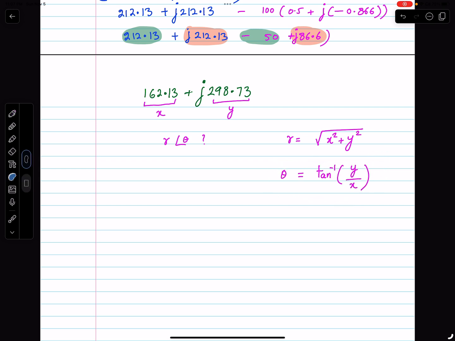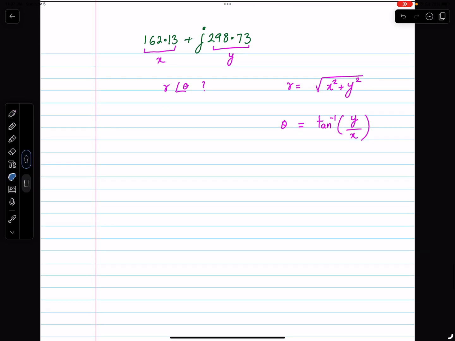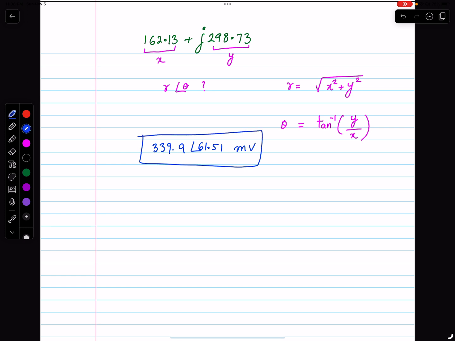Once you do that, you will find out that the overall polar form or phasor form is 339.9 angle 61.51 millivolts.